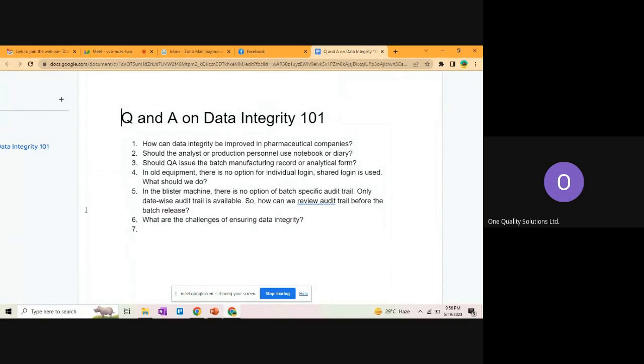Shuli Dash asked: in production, which instruments need user access control? The equipment on the production floor which needs login to operate must have user access.